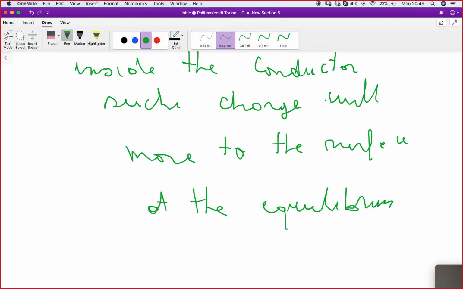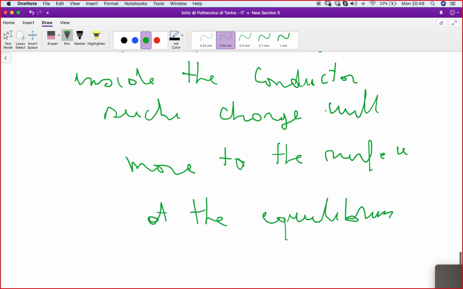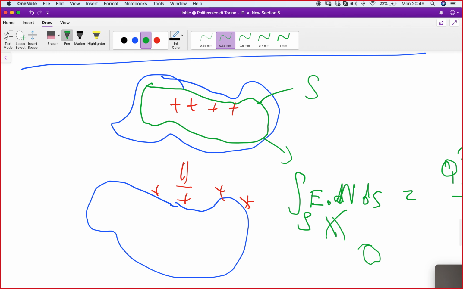Nice. So this is another property of the conductor.